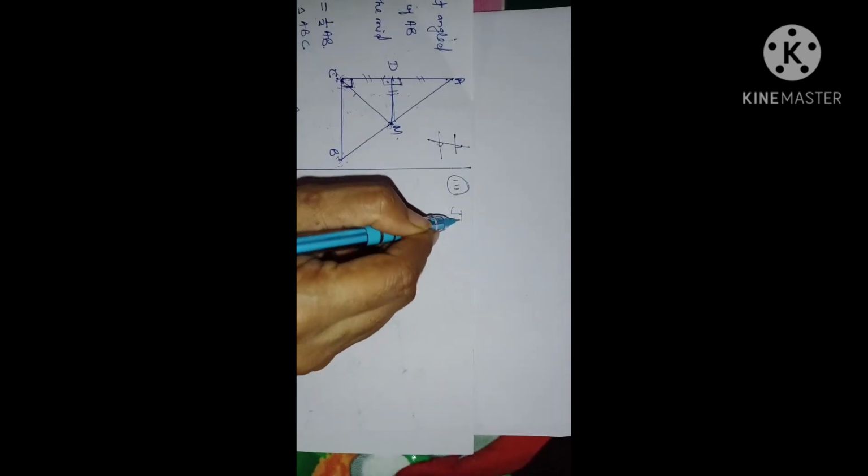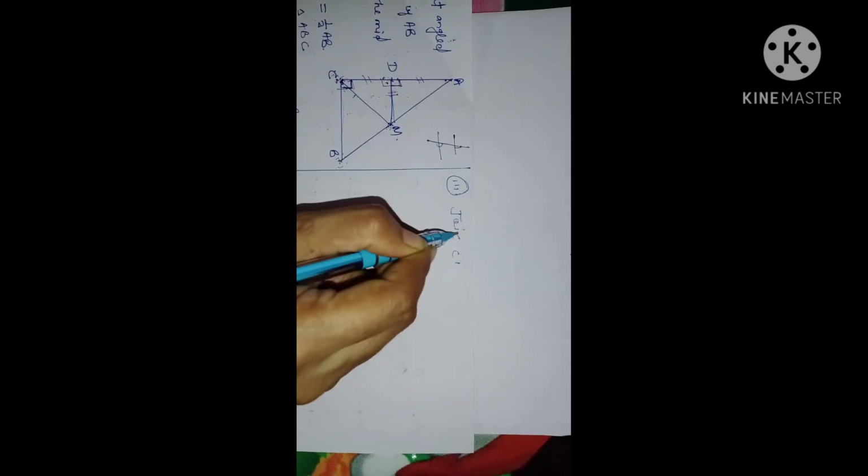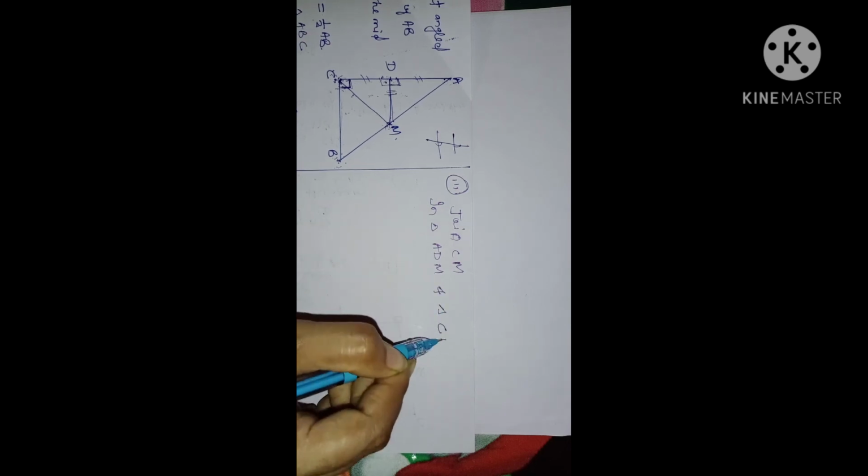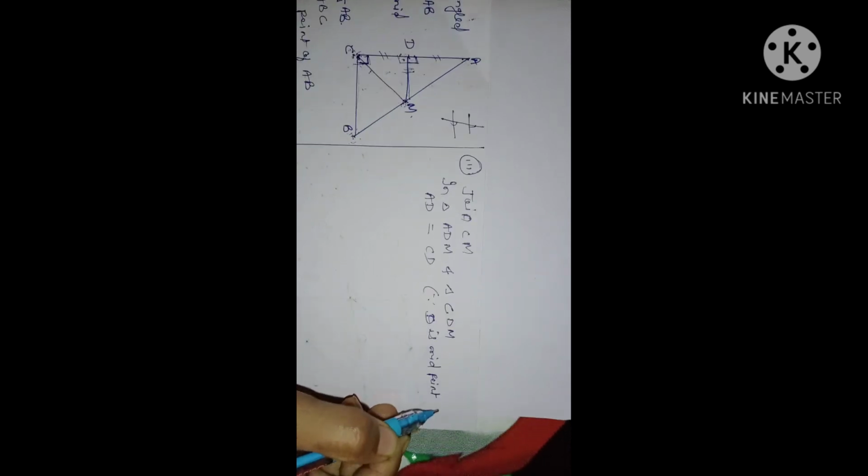Number three, construction में करो. Join CM. Now, in triangle ADM and in triangle CDM, AD is equal to CD. Why? Because D is midpoint of AC.